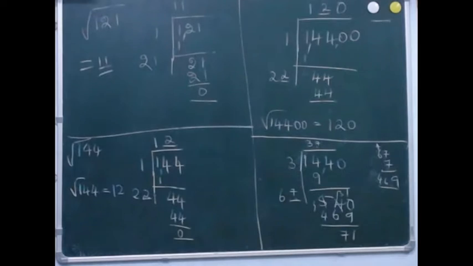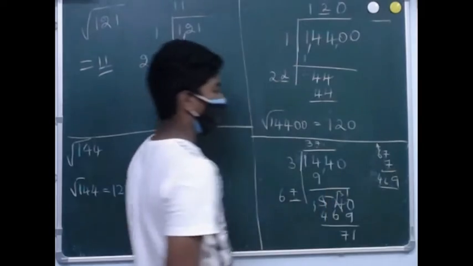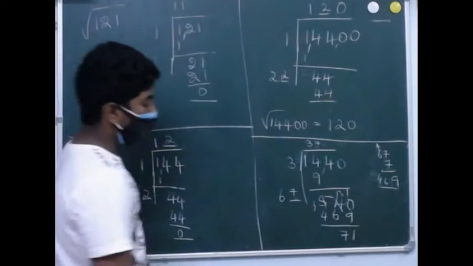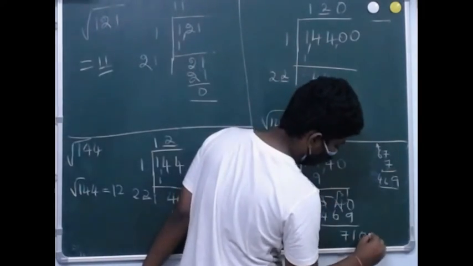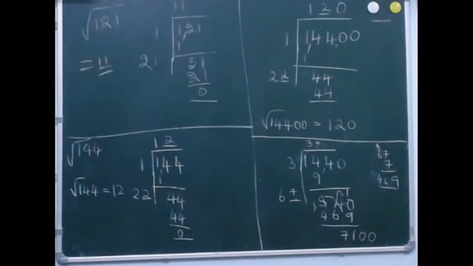So with the decimal point, put a decimal point. If you put the decimal point, you can include 2 zeros. Put the decimal point, 37 point. And add 2 zeros. So you have 7,100. So you have to get a perfect square within that.